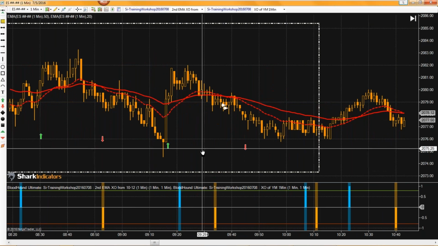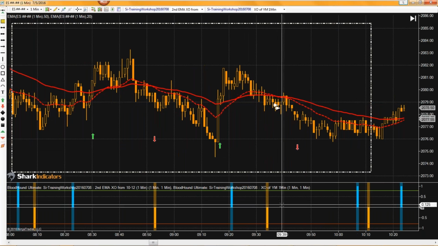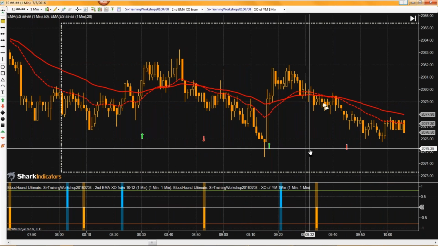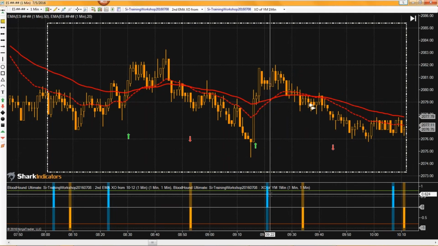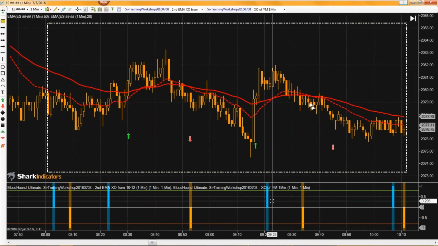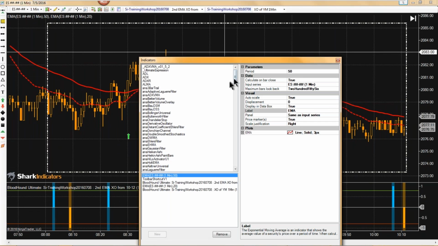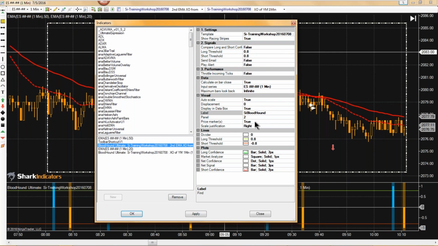And I'm trying to see. Let's see what happened to the other BloodHound. What did I do? Well, you can see the blue and orange signals on here, and I must have done something by accident to the first BloodHound. What happened here?